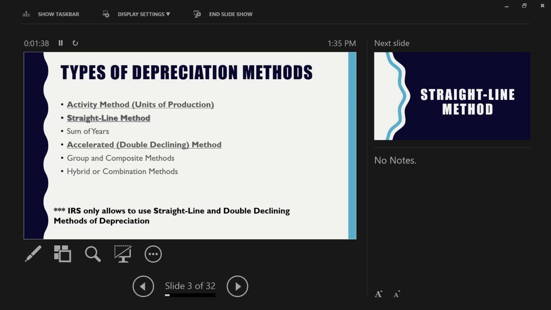If we bought it in the middle of the year, you can't assume that it's going to be depreciated for the entire year. You need to calculate specifically how long it has been in service for the very first year.